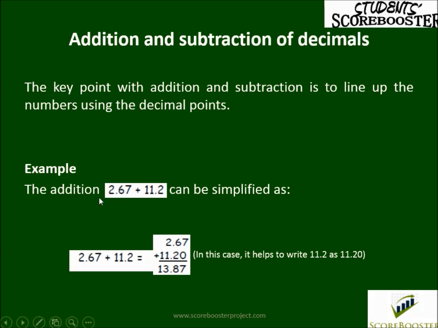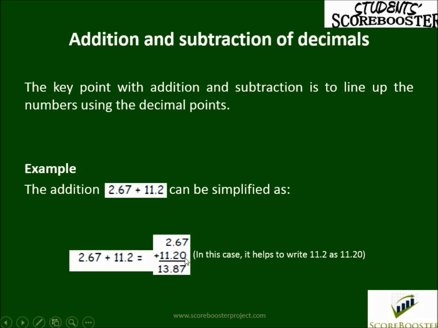When you are to add 2.67 to 11.2, you can simplify by simply lining up the two numbers using the decimal point. So here you have 2.67. Then can you see the points are aligning, and you have 11.2.